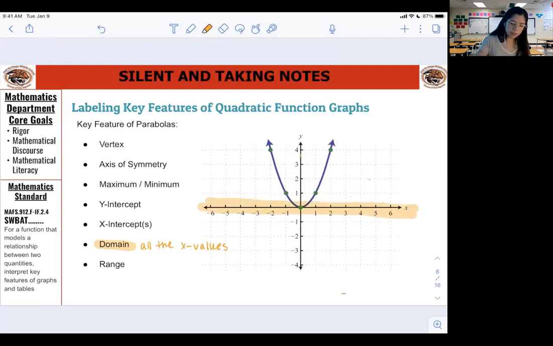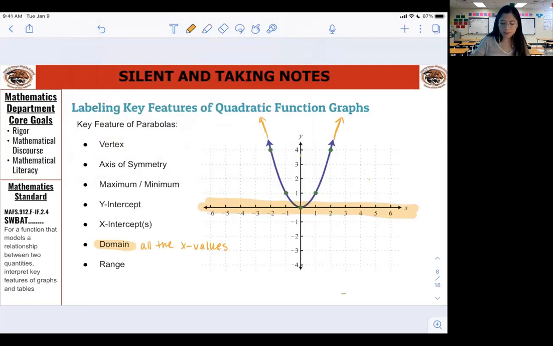So let's think about this. This graph is going up, right? But is it going straight up or is it kind of going at an angle? At an angle, a little bit, right? Slightly to the right and then slightly to the left.